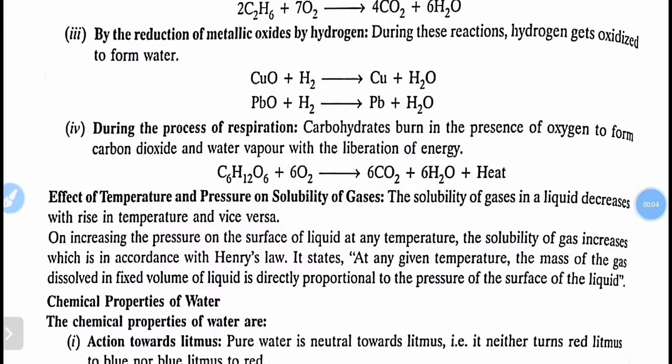As you know, last week we discussed how water is formed by different methods. The first method is by burning of hydrogen in air. Last week we discussed it already, I'm just briefing you.